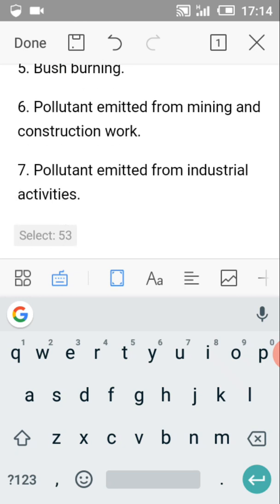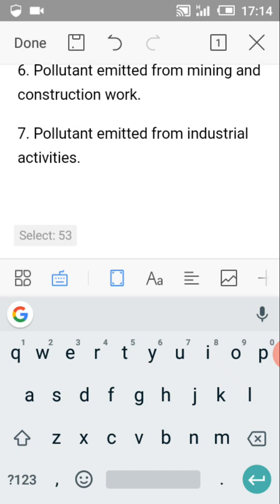Number 7, the pollutants emitted from industrial activities. From industrial activities of man, a lot of chemicals are released through industrial waste. This, in essence, adds to the amount of carbon dioxide in the atmosphere, which increases the heat that is sent back to the Earth's surface.